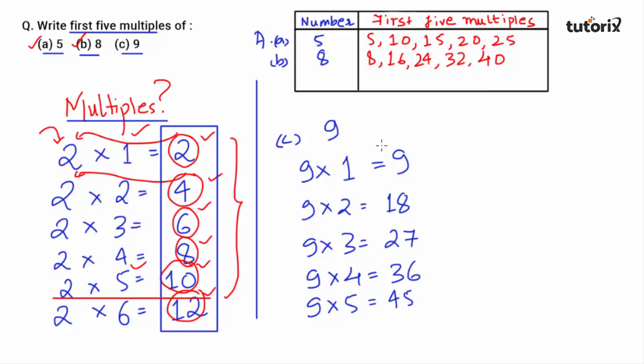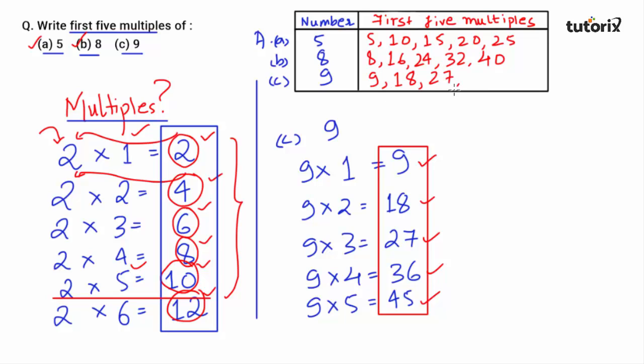So here the first 5 multiples of 9 are 9, 18, 27, 36, and 45. So to answer the question, the number here is 9 and its first 5 multiples are 9, 18, 27, 36, and 45. See, we got part C as well.